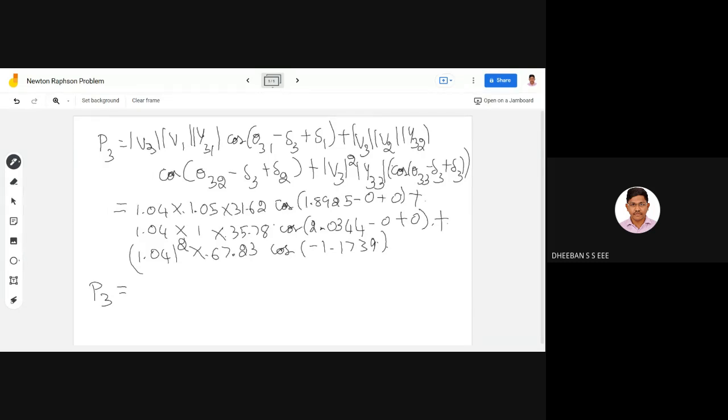Keep your calculator in radians mode and then calculate it.